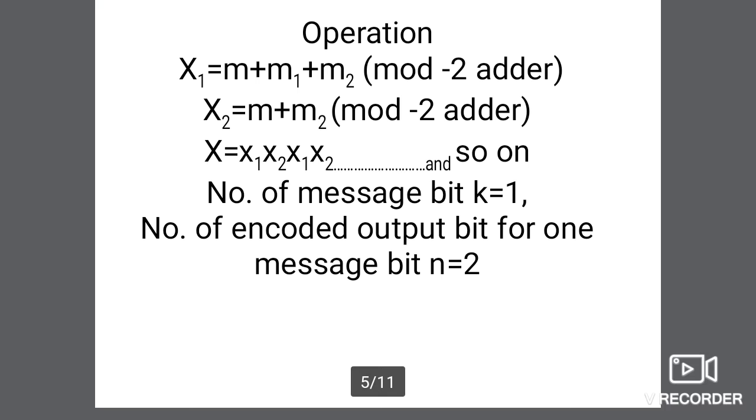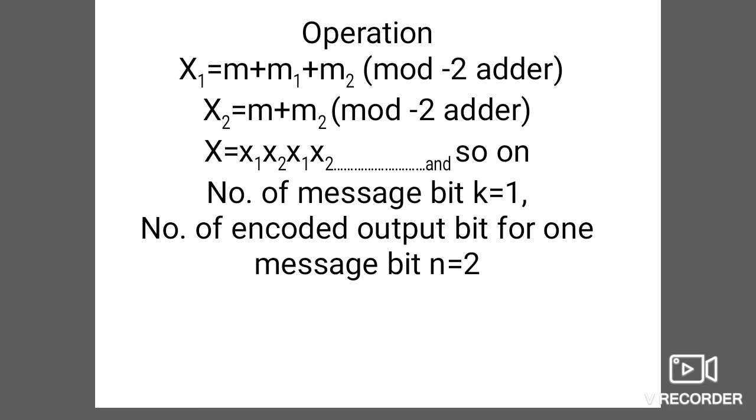Now the operation. Whenever the message bit is shifted to position m, the new values of x1 and x2 are generated depending upon m, m1 and m2. m1 and m2 store the previous two message bits.